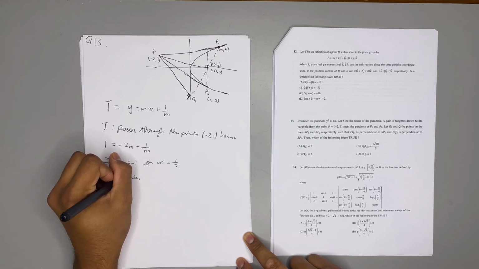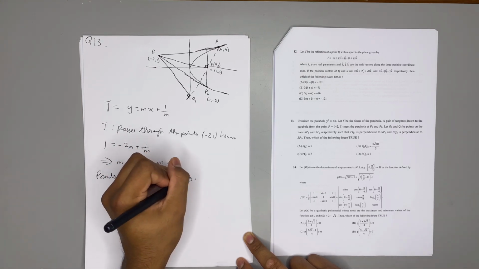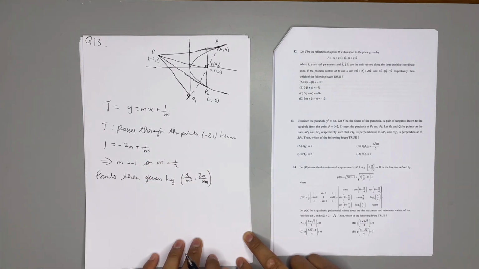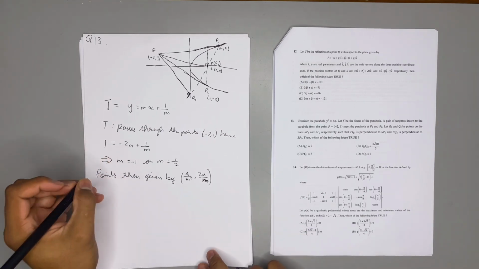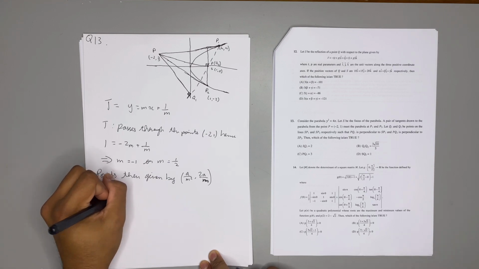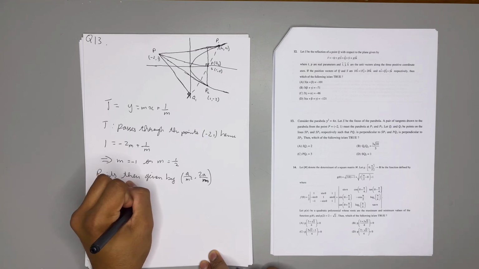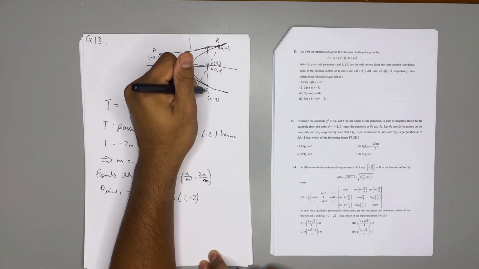Points are then given by, we have a upon m squared, 2a upon m. Correct? So then we can go, point 1 will then equal (4, 4), and point 2 then equals (1, -2), as we've demonstrated over here.